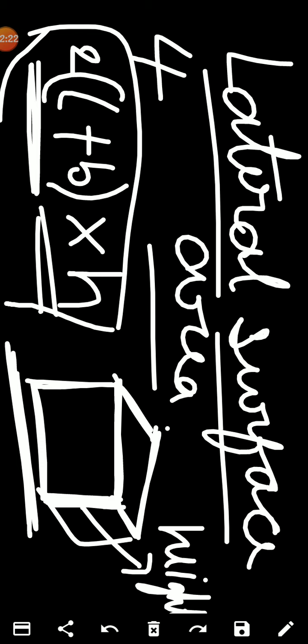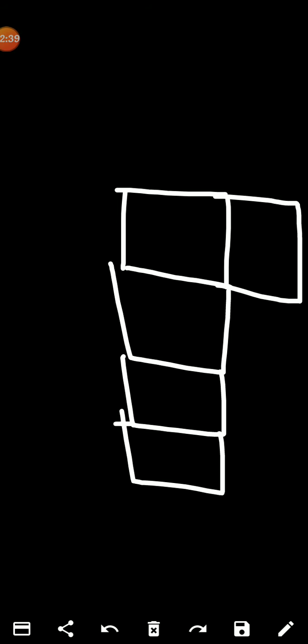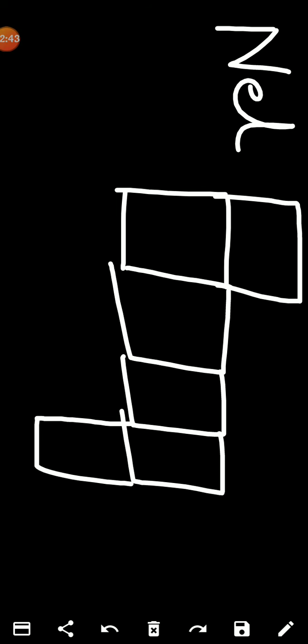Now let us go to the total surface area of the cuboid. For understanding this concept, let us draw the net of the cuboid. Net is nothing but opening the three-dimensional figure and drawing it.